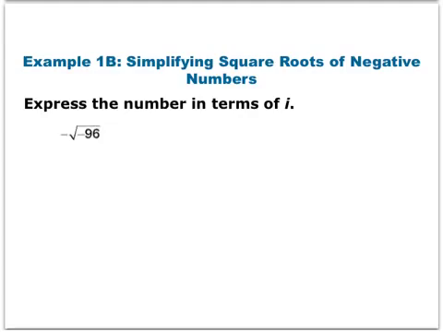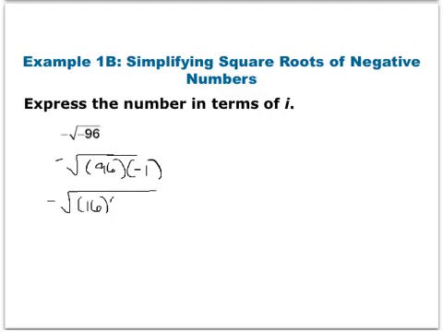Try another one. Again, we're going to factor out the negative 1. Okay, we're going to split that 96 into something that is a perfect square, like 16 and 6. And then actually take the square root of 16, so we get 4.